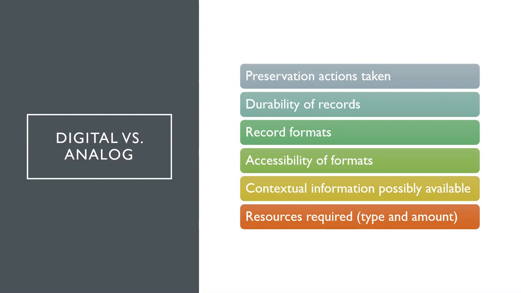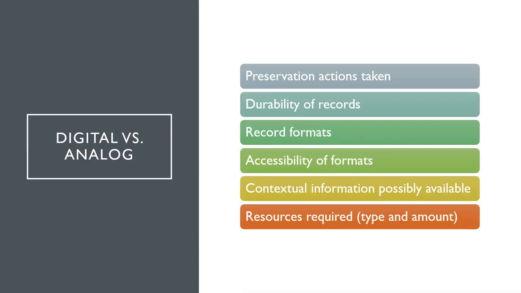Another interesting one is the amount of contextual information possibly available. I would argue that with electronic records or digital records, it's possible for more contextual information to be attached to the record than in the case of analog records. If an electronic record or digital record has good metadata, that can really tell you a lot about the record and why it was created and what it was used for.